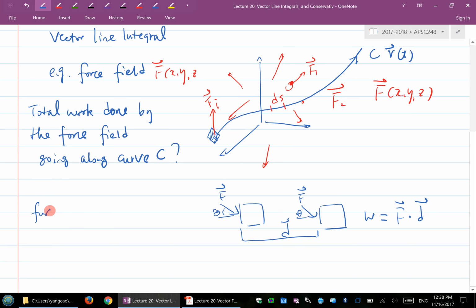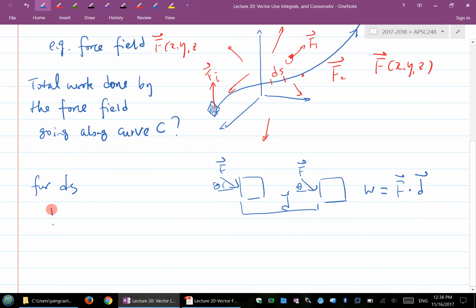So for a small displacement ds here, how much work does it do to travel this little distance ds? I'm going to use this analogy here: this d is a ds.